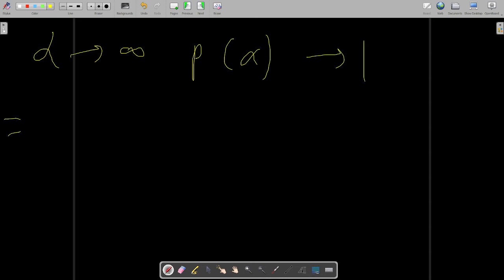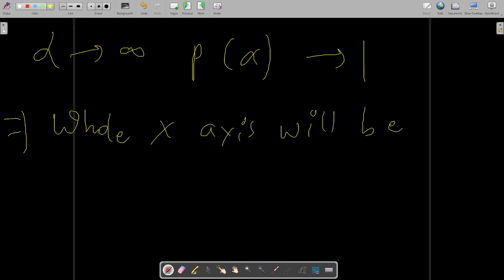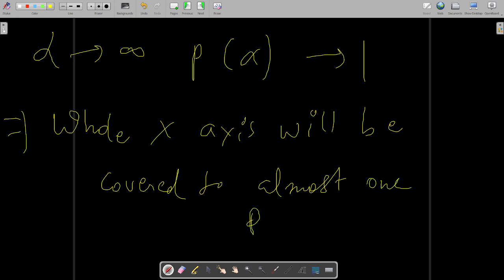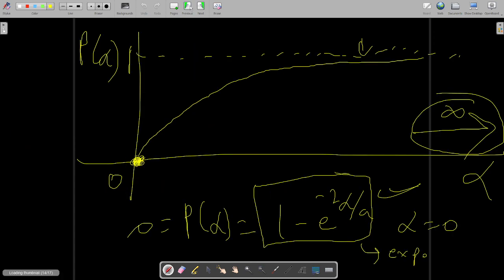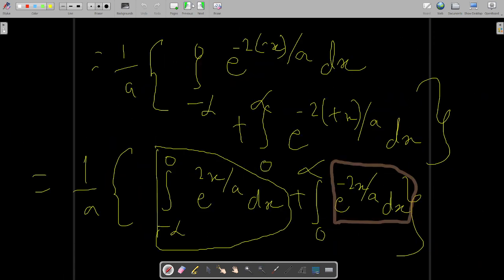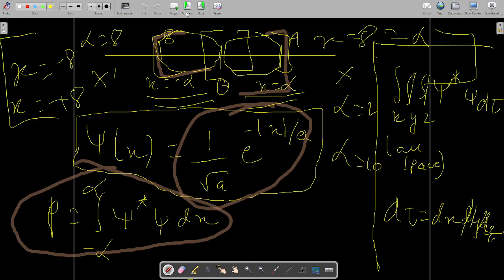That implies that the whole x-axis will be covered, so almost 1 probability. Now what is the meaning of probability equal to 1? Probability equal to 1 simply means that 100% sure shot it will be found over there only. The particle will be there only.